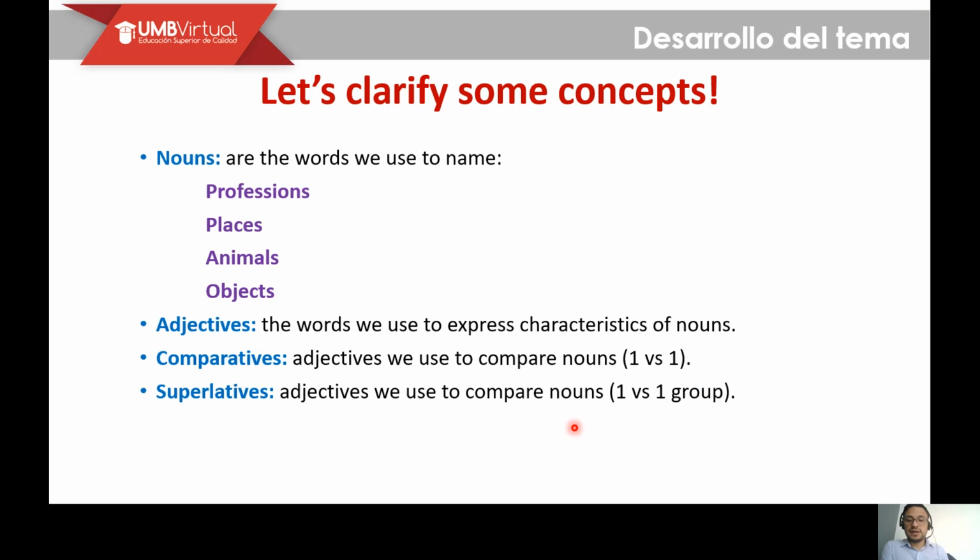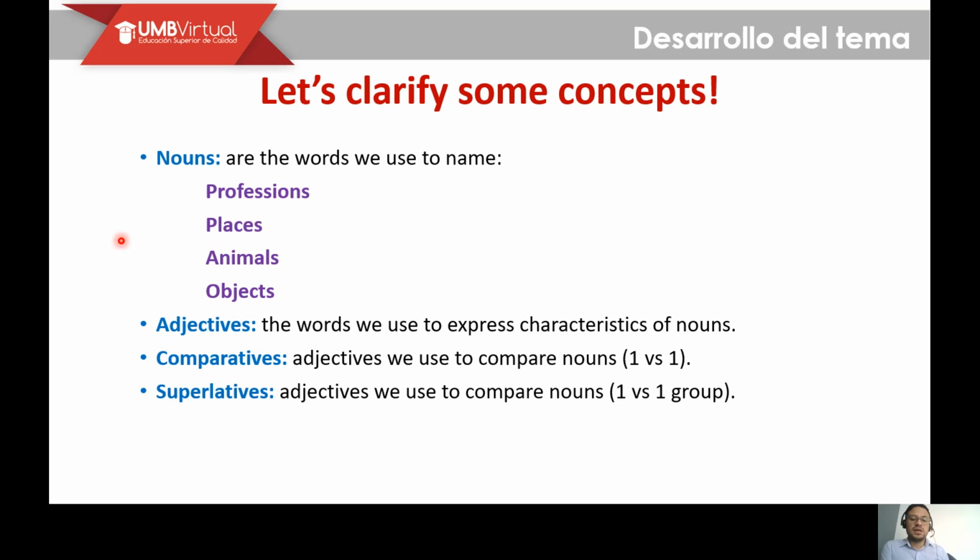And adjectives are those words that we use to express characteristics of nouns. So mainly we modify the nouns with adjectives. For example, we have sky or blue sky. With blue, I'm giving the characteristic of a specific color to the sky.